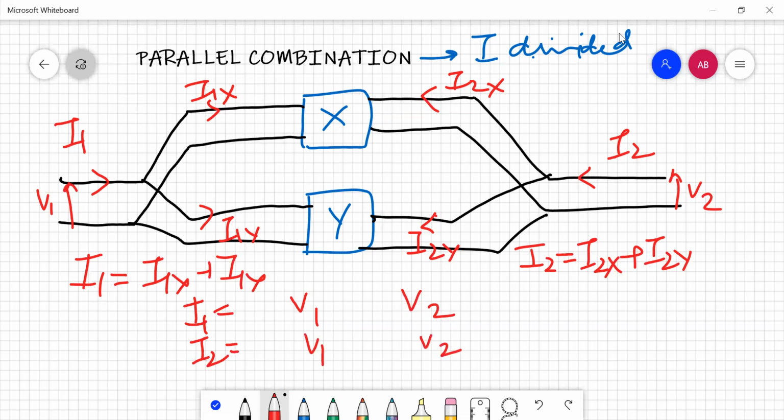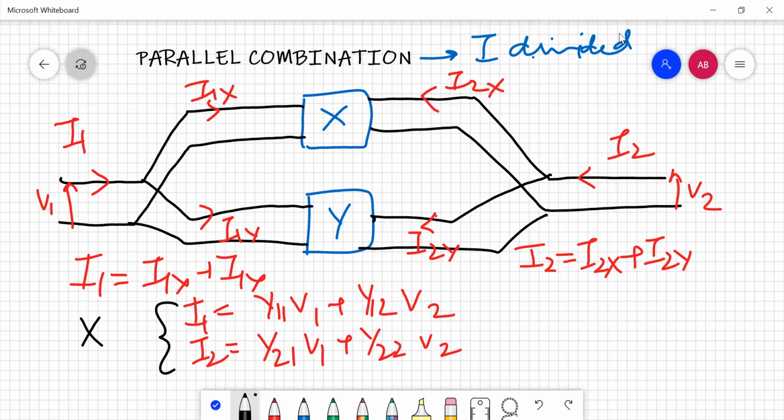So here it is your Y11, Y12, Y21 and Y22. Now, as I told you earlier also, whenever you have to write your equation for X network, you have to write X everywhere like this, because V1 and V2 are not getting divided. So I have kept it like that only.